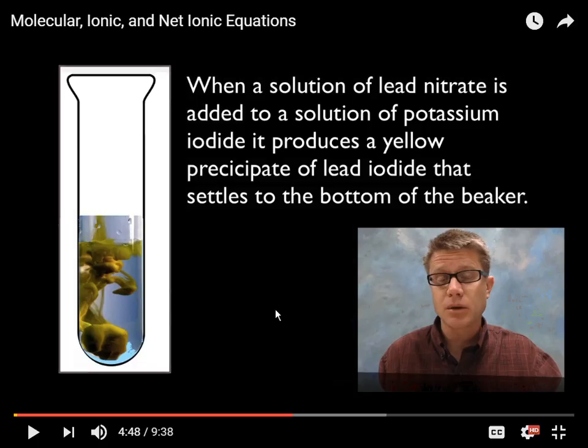So we're going to go through and break this part now. Lead gets back its charge, lead 2 plus. How many nitrates do I have? 2. So I'm going to put plus 2 nitrate ions. Basically I'm just taking it and ripping it back apart.